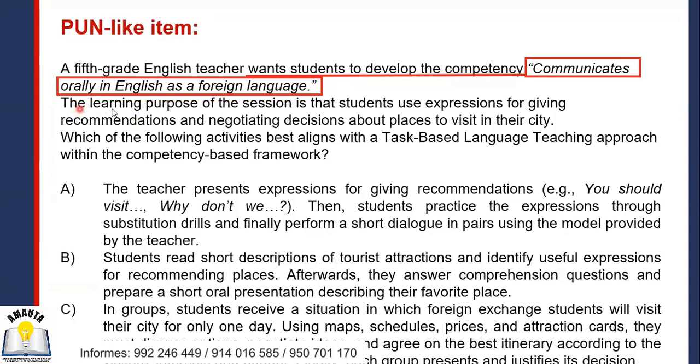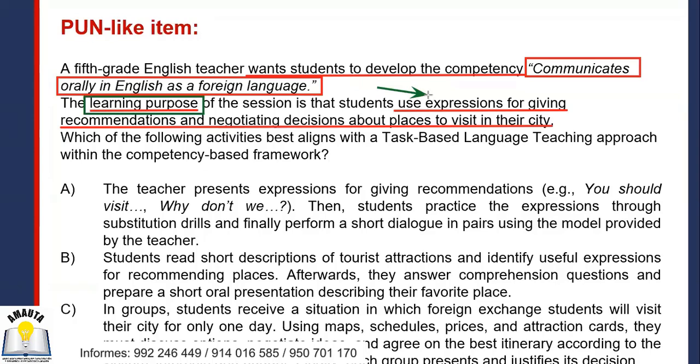The learning purpose of the session, here we have the learning purpose. The learning purpose is that students use expressions for giving recommendations and negotiating decisions about places to visit in their city. This is the learning purpose in the session. Use expressions for giving recommendations, and not only that, a language function.